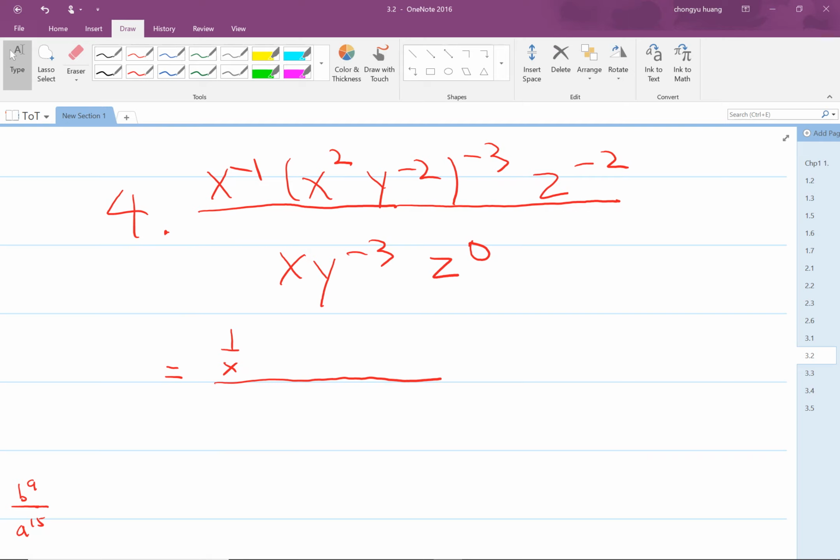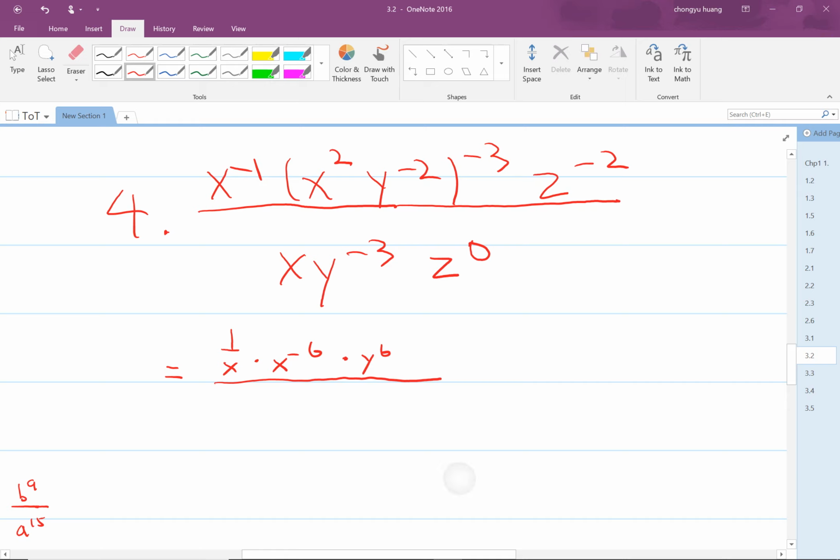Here we multiply the exponents: x to the power 2 multiplied by negative 3 becomes negative 6. Then for y, we have y to the power negative 2 multiplied by negative 3, which is positive 6, so we write y to the power 6.